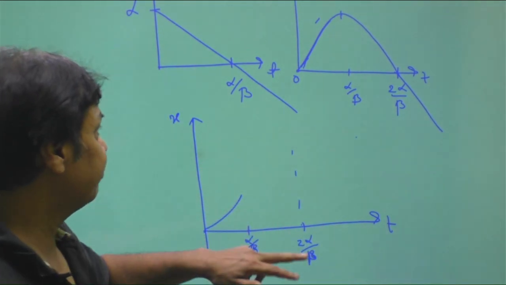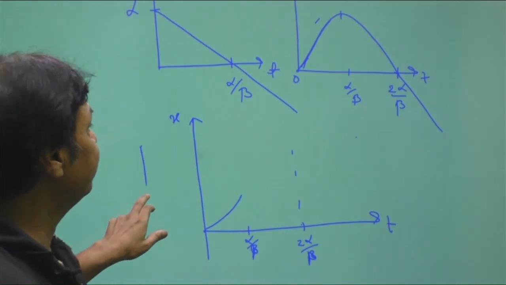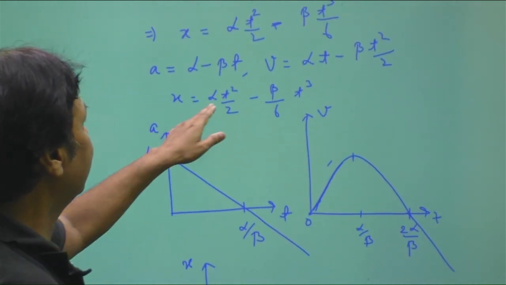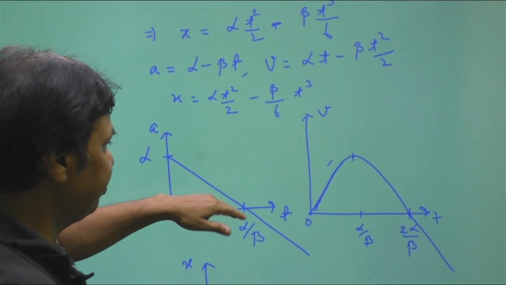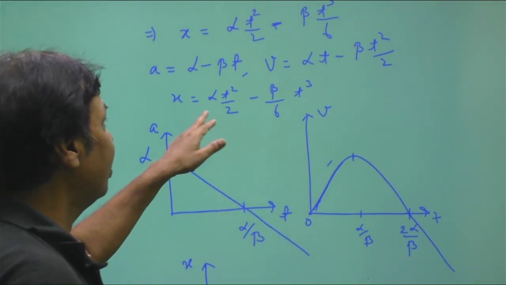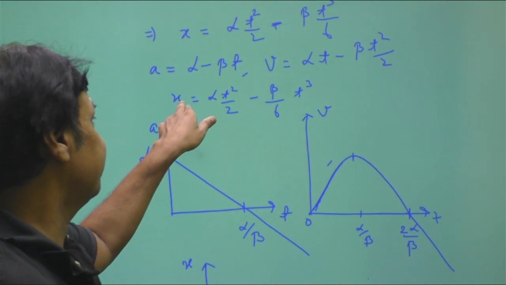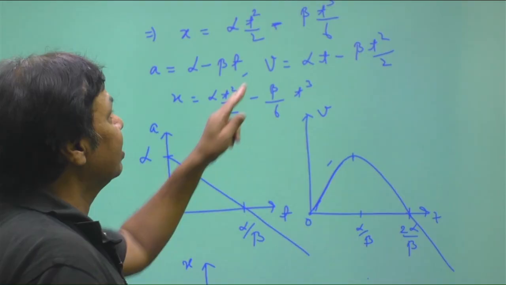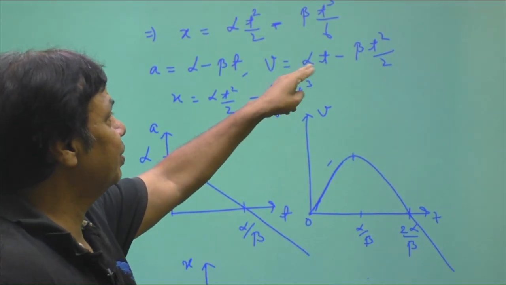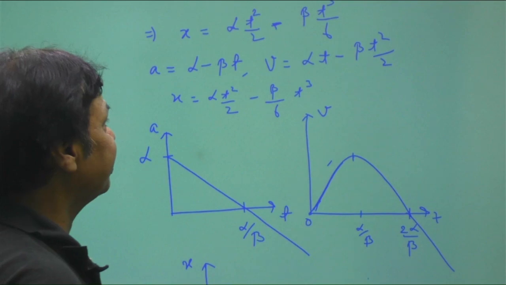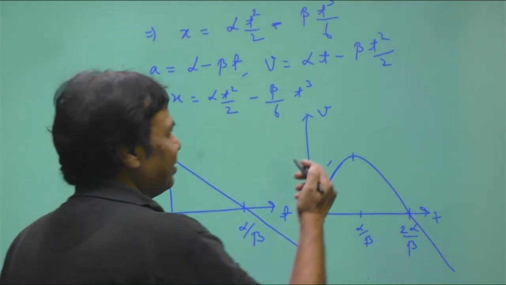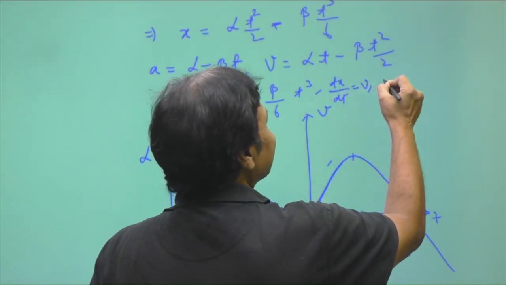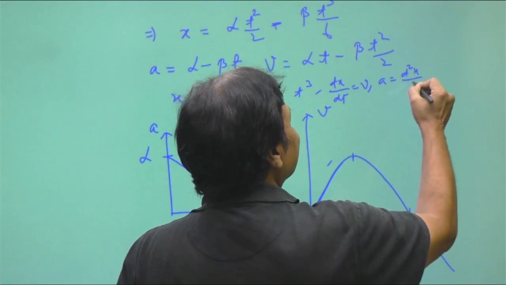And between time 0 to alpha by beta, you can focus again here, x equals alpha by 2 t square minus beta upon 6 t cube, and v is equal to this, and acceleration, that is d2x by dt square. You can always keep these things in mind, that v is equal to dx by dt and acceleration is equal to d2x upon dt square.